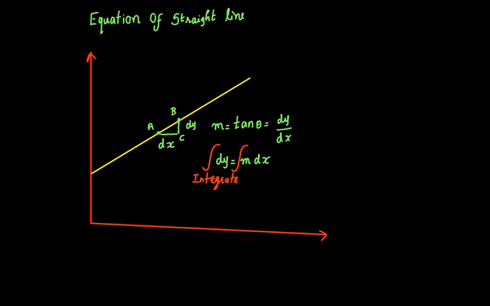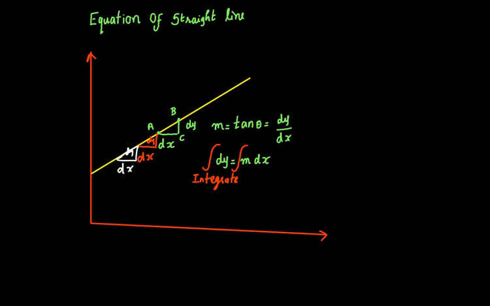For example, if you take another 2 points, then your new dx will be this, and your new dy will be this. Maybe if you take another 2 points, this is going to be your dy, and this is going to be your dx.